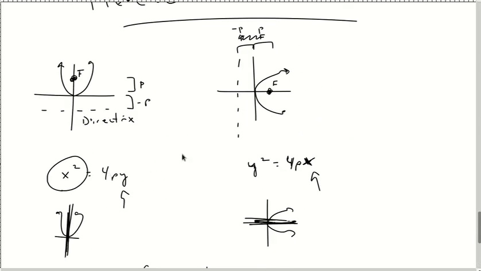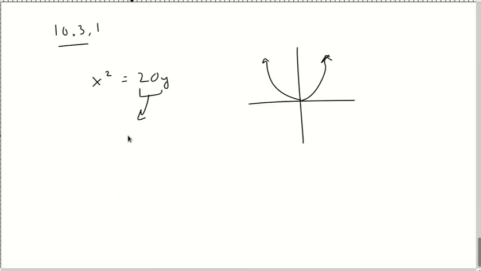Yep, see how it's 4p, 4p? And so we got a 4 times 5, don't we? That's how you got that 20, is 4 times 5. And so your p is equal to 5. And in particular, this is a positive 5. And so 1, 2, 3, 4, 5, positive. There's your focus.